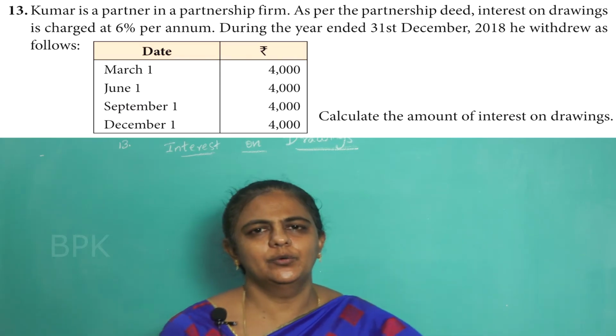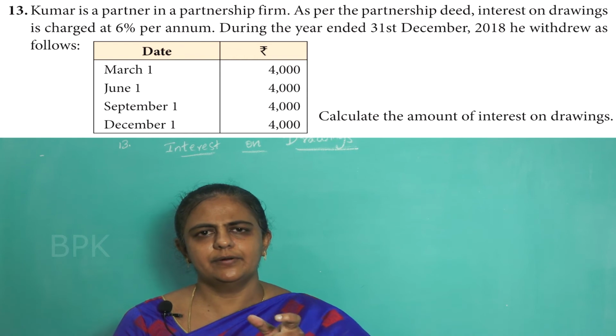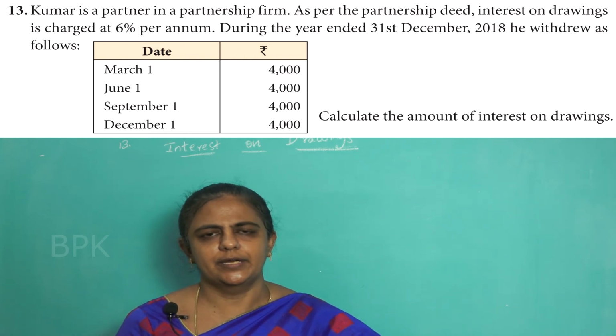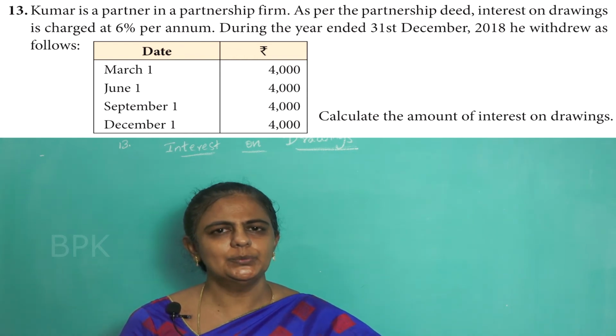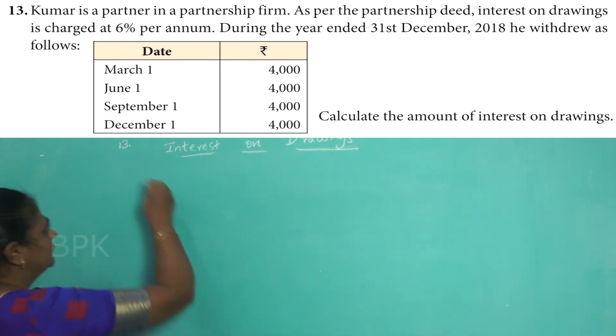Okay. Already I told you the formula for calculating interest on drawings. You have to take the amount of drawings into the rate of interest into the period of interest. Okay. So first write the formula.